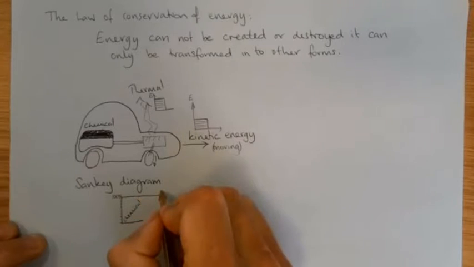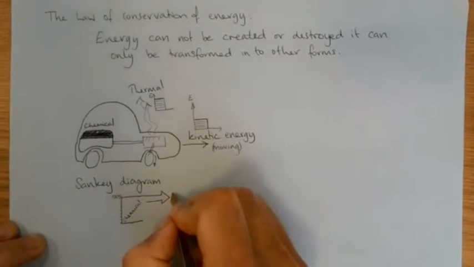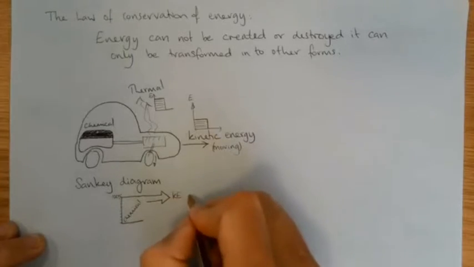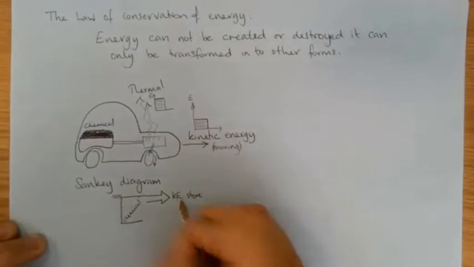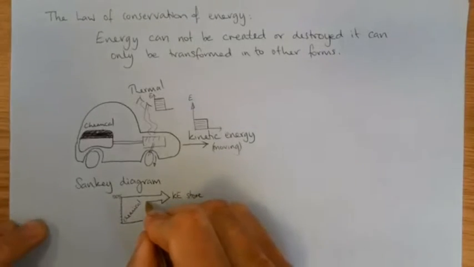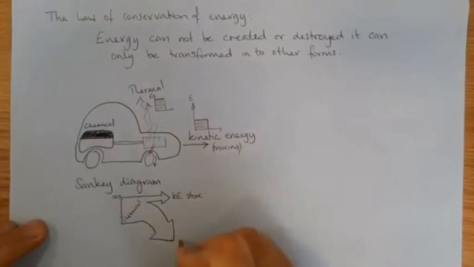We can draw some of it going into the kinetic energy store. So I've just used KE as an abbreviation, so the kinetic energy store. And then this amount going into the thermal energy store as heat.